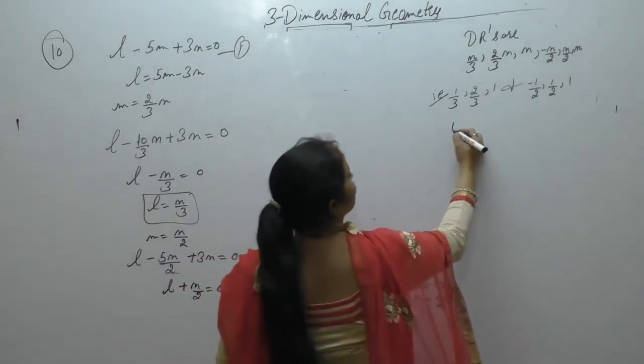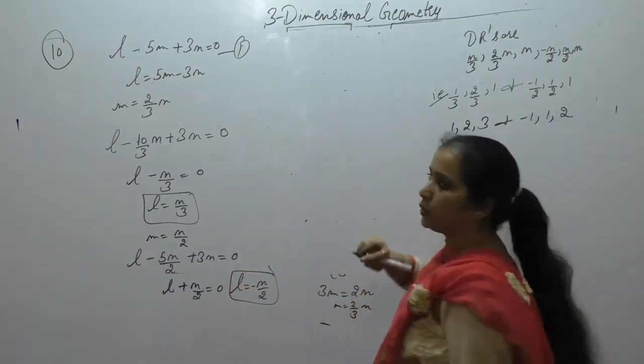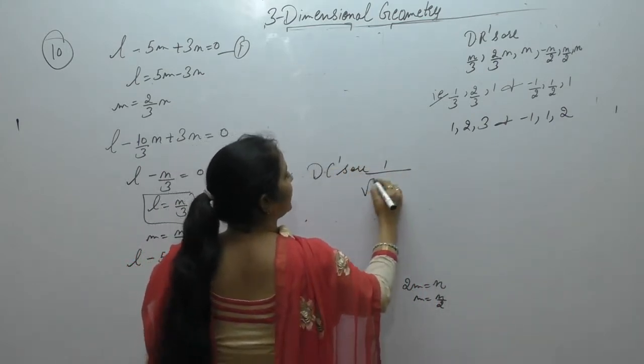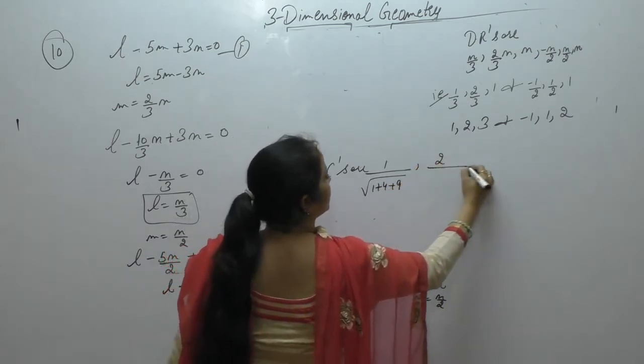By taking LCM, we can write it as 1, 2, 3 and minus 1, 1 and 2. Now the direction cosines of the line are 1 upon square root of 1 square, 2 square, 3 square, 2 upon.